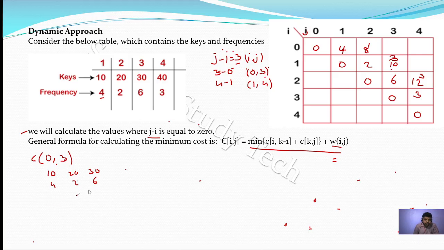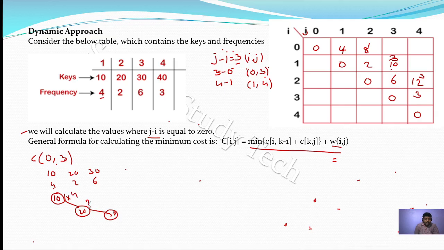For example, I can draw one diagram. Here 10 is the root node, here it is 20, and here it is 30. Here one comparison is needed for the root node, whose frequency is 4.